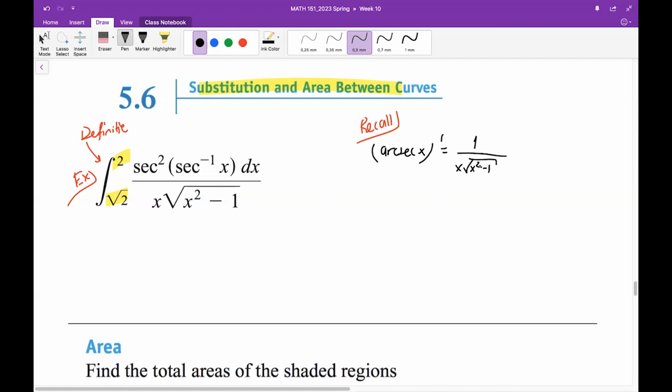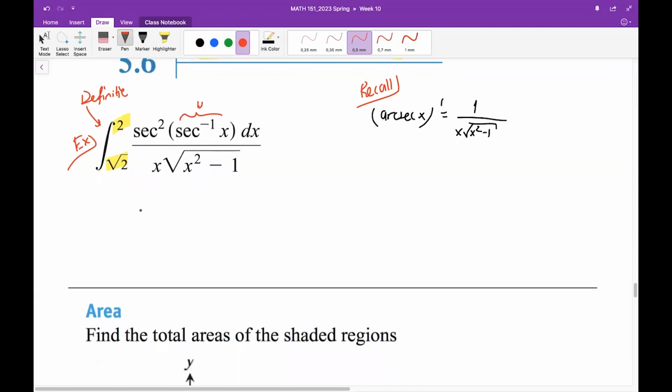After seeing this derivation rule, I think you understand which substitution we should take, right? If you choose this arcsecant part as your substitution, its derivative consists of the remaining part. Okay, then du is 1 over x times the square root of x squared minus 1, don't forget dx. You see, if you choose this part as u, this whole part becomes your du.